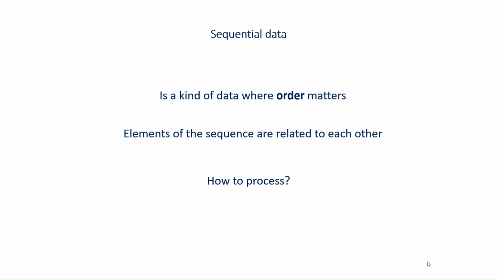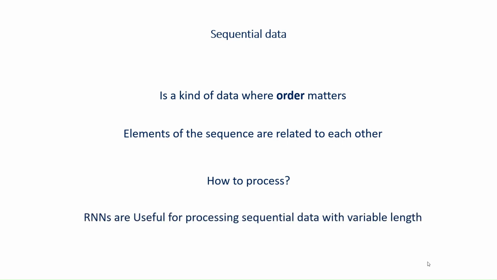But for sequence data, the number of words in a sentence differs: one sentence can have 2 words, another 5 words, and another 10 words. So sequential data like sentences is of variable length. In order to process such data, recurrent neural networks are useful.